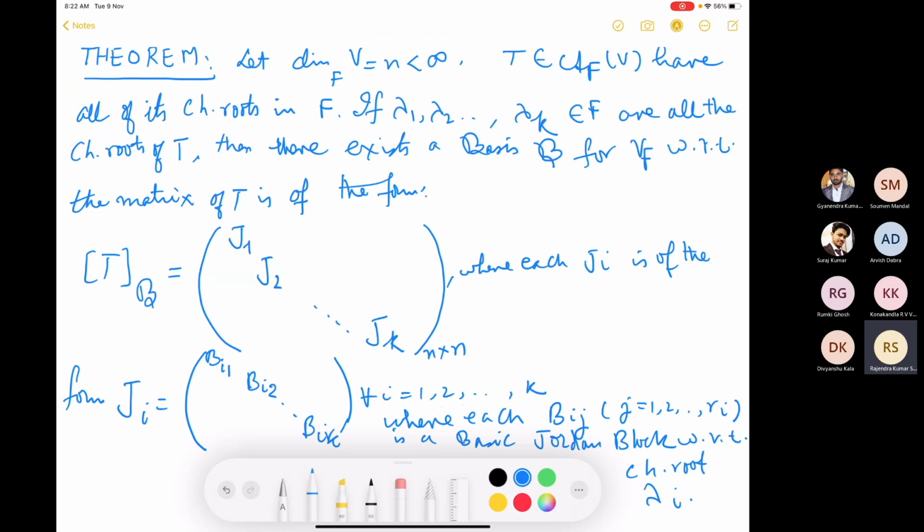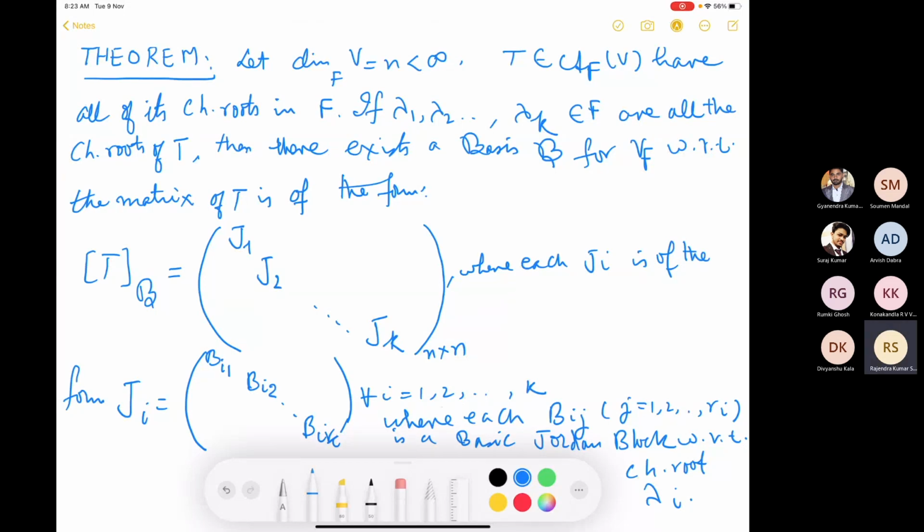Now you can see that if T is nilpotent, all of its characteristic roots are equal and equal to 0, and 0 is always there in any field. So in case of T being nilpotent, the matrix of T with respect to some basis which can be found out is of the form J1, J2, up to Jk, and each Ji is of the form Bi1, Bi2, and so on.